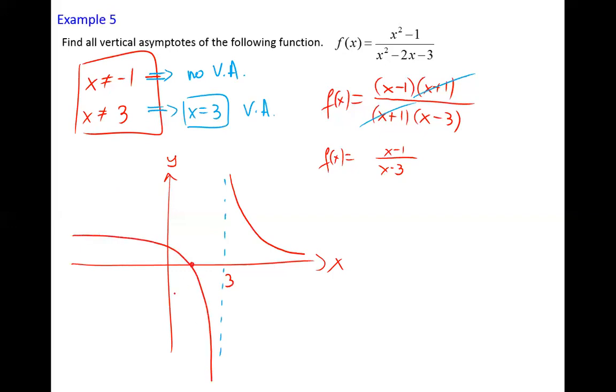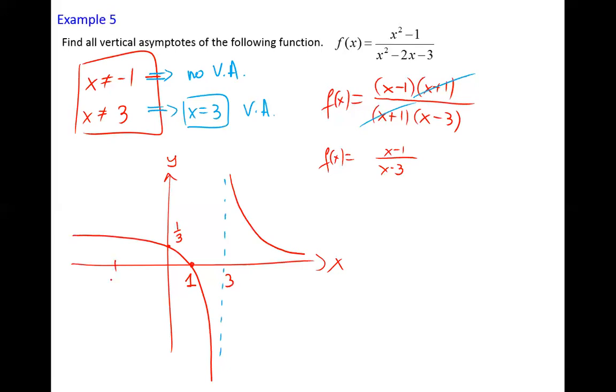And we do have x and y intercepts. The x-intercept is 1, and the y-intercept means that x is 0. That means negative 1 over negative 3, it's 1/3. That means this will be 1/3.